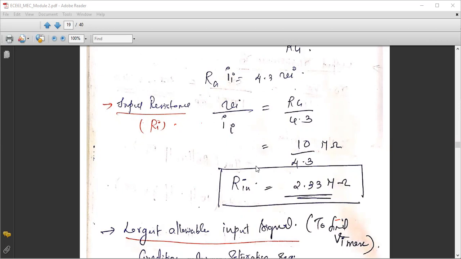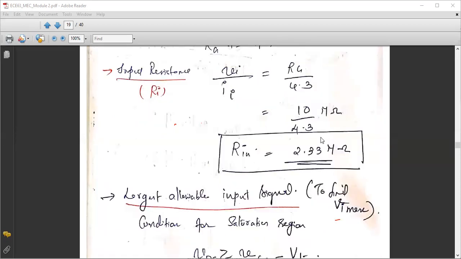Now let us go for the third part of this question. That is, find the largest allowable input signal, that is, the maximum allowed input signal. So what is the significance of finding this input? I already told you in our theory part, we should fix your Q point in the middle of your saturation region.